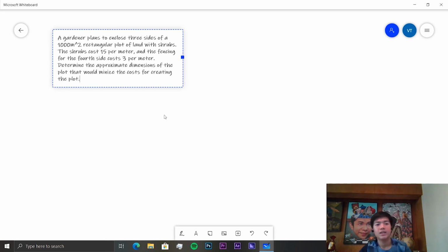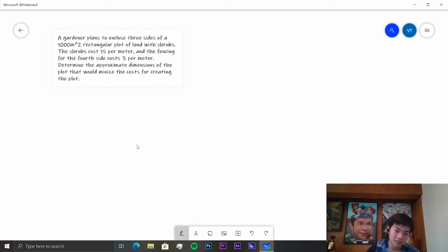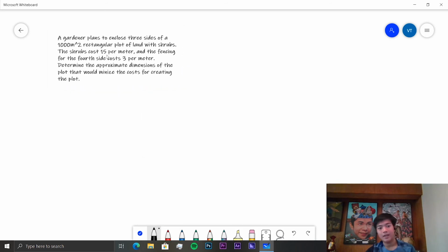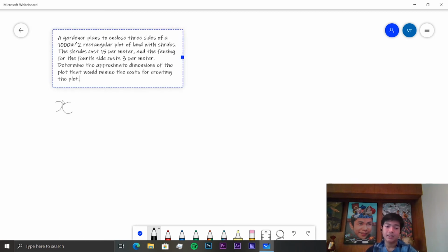So we need to enclose 1,000 meters of land. The shrubs cost 15 per meter, and the fencing for the 4th side costs 3 per meter. So let's say the width of this plot is x, and the length of this plot is 1,000 over x. Let's also say that the 4th side will be with the length of the plot.